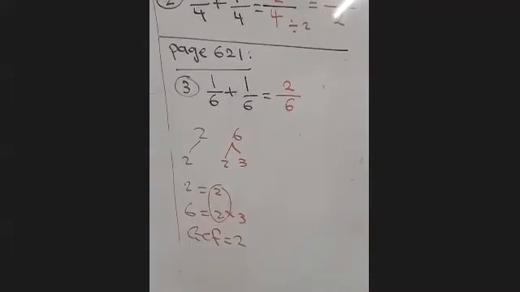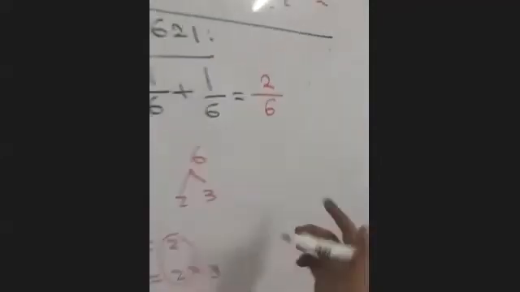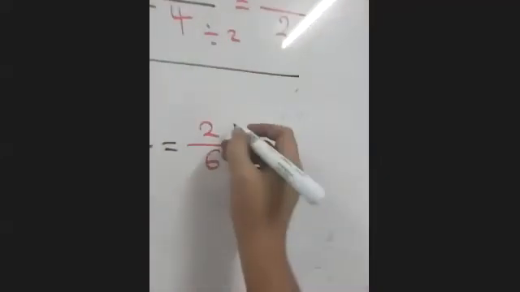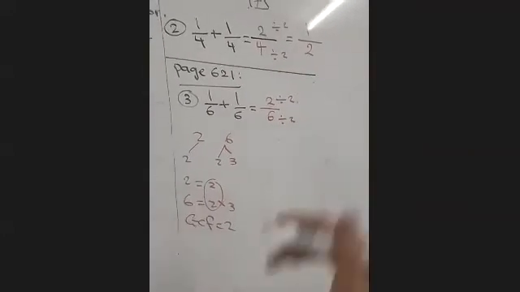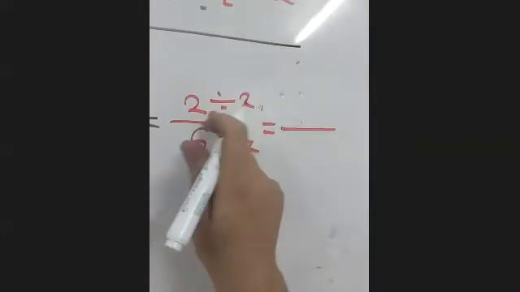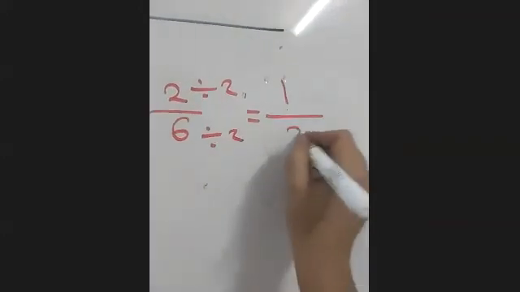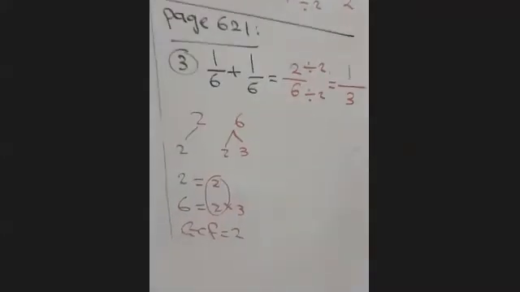After we find the GCF of the numerator and the denominator, we take it and divide up by it and divide down by it. This is 3 divided by 3, 1, and 6 divided by 3, 2. So this is the answer. Copy it. Question 3.